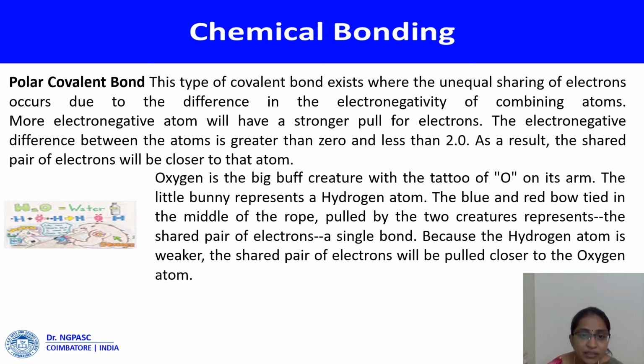For example, imagine a tattoo of oxygen, O, on an arm. The little bunny represents a hydrogen atom. The blue and red bow is tied in the middle of the rope, pulled by the two creatures, like the shared pair of electrons in the single bond.